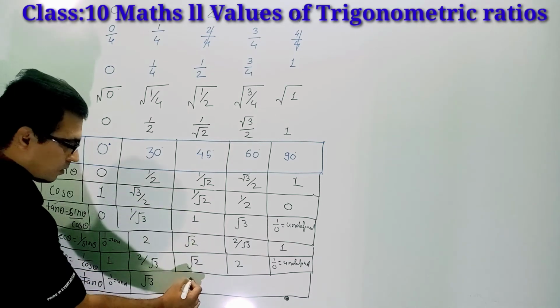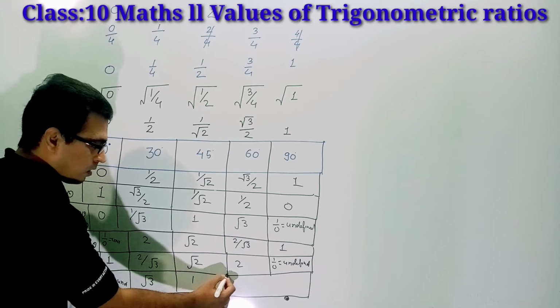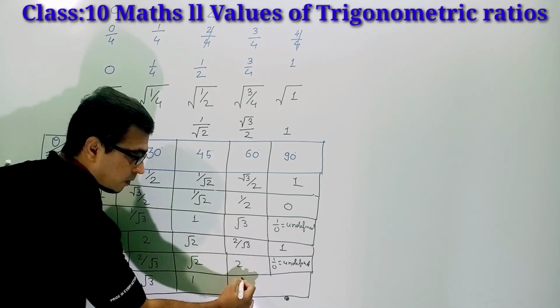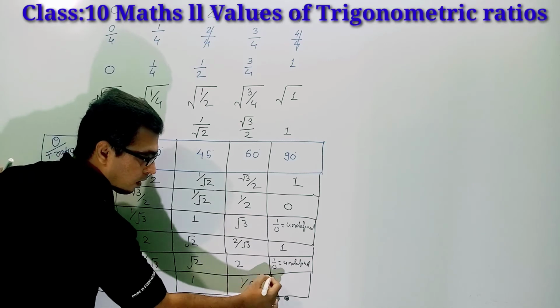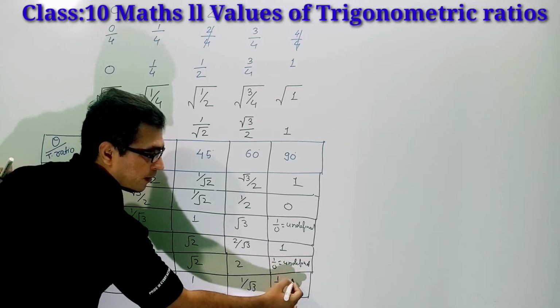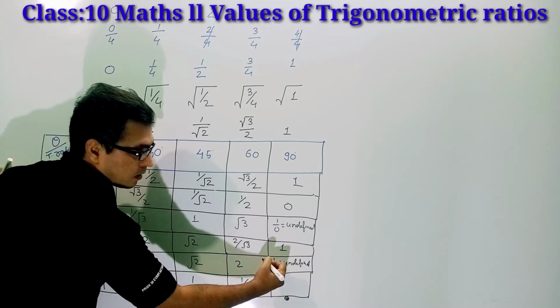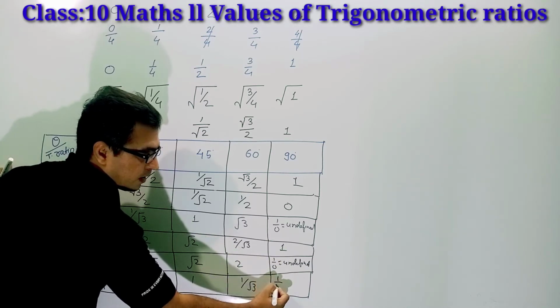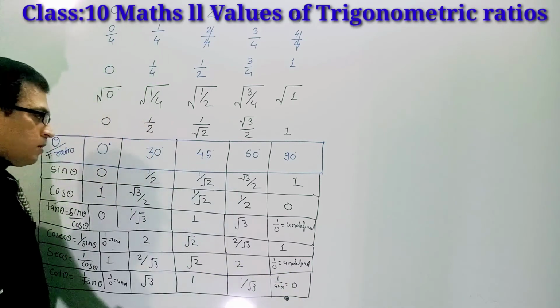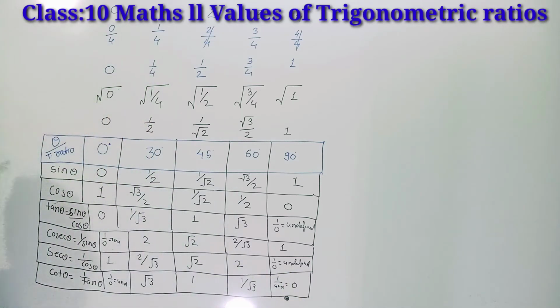The reciprocal of 1 is 1. The reciprocal of root 3 will be 1 upon root 3. And the reciprocal of an undefined term will be 0. Right, student?